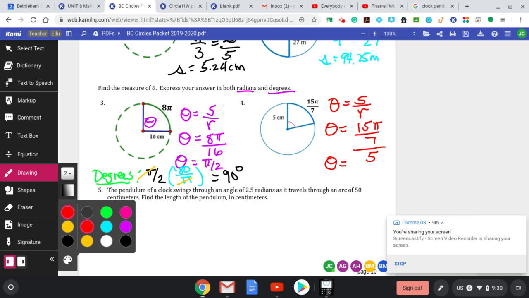So going back, it's going to be 3 pi over 7. And now I got to turn it back into degrees now. And to do that, I'm going to multiply it by 180 over pi.